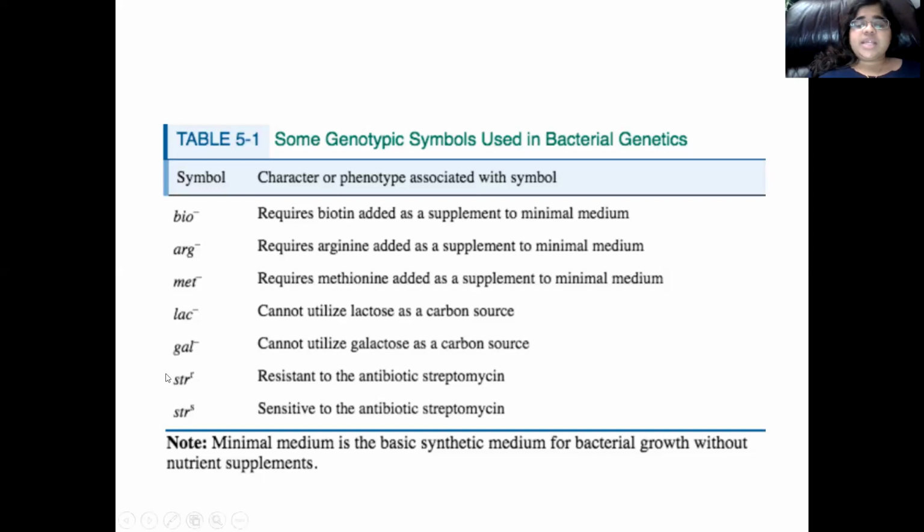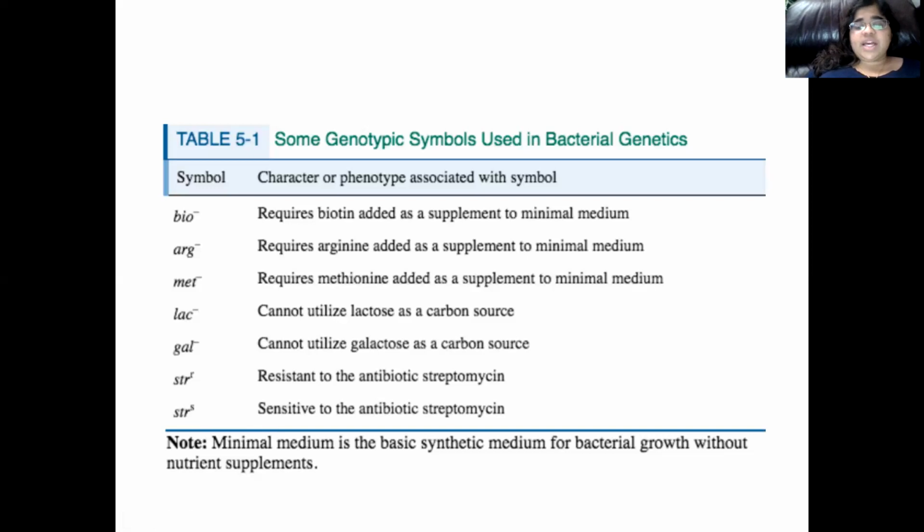And then with antibiotics, STR is streptomycin, and the superscript R refers to resistance. The superscript S is for sensitive. So if it is STR superscript S, you know that it's sensitive to the antibiotic streptomycin.